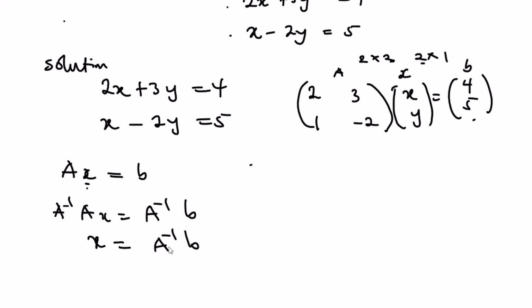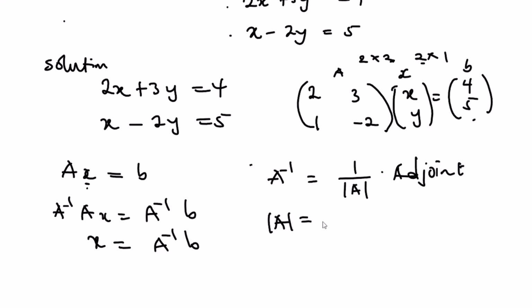So what is left here is to find the inverse of A. And what will be the inverse? It is basically equal to 1 divided by the determinant of A times the adjoint. Since this is a 2 by 2 matrix, the determinant is given by the product of the leading diagonal minus the product of the off diagonal.